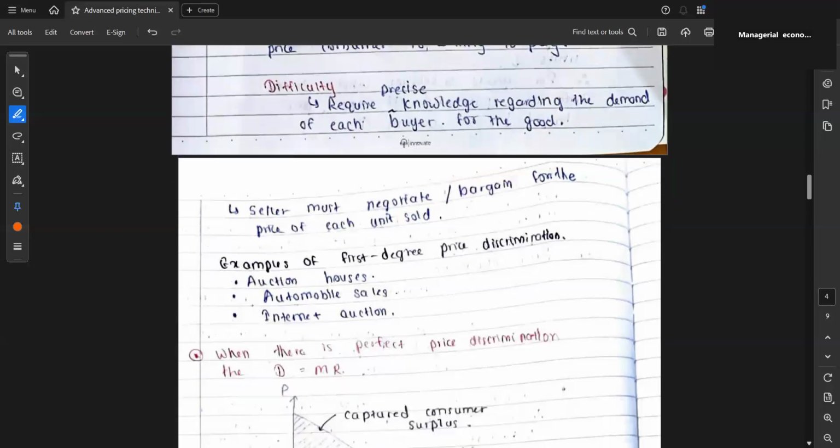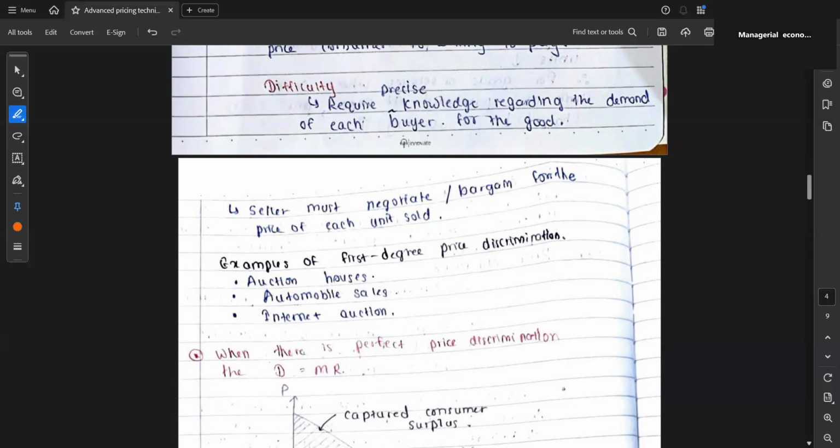In automobile sales, if you go to purchase a car or vehicle, usually you will see different prices might be charged for the same type of vehicle based on what the consumer is willing to pay and what they are able to pay.